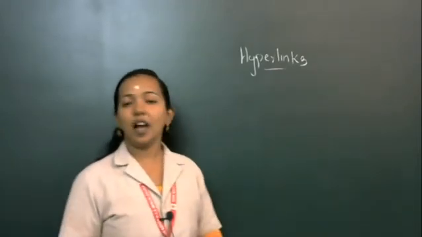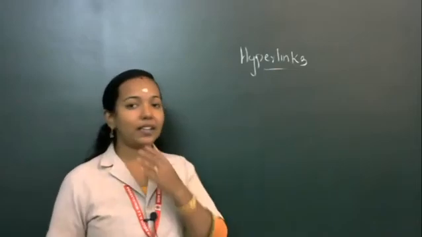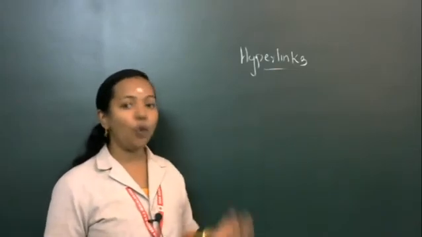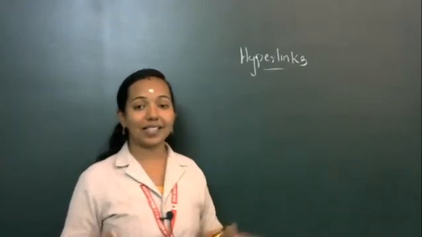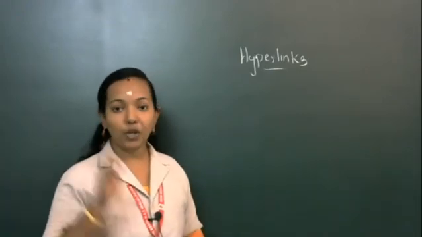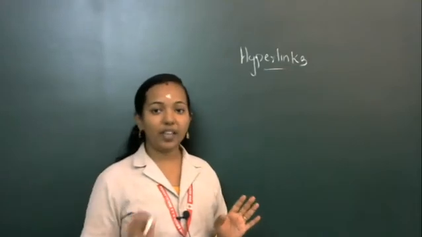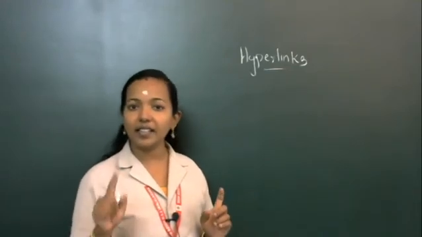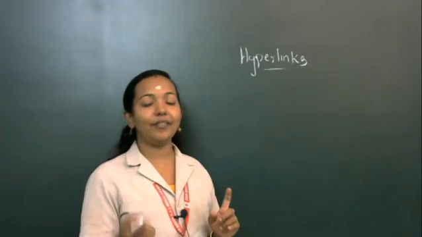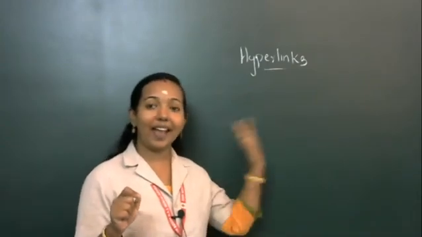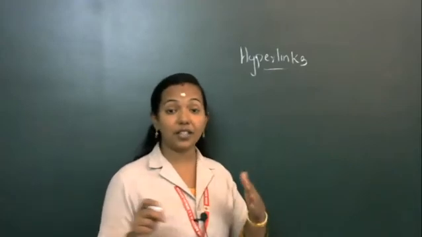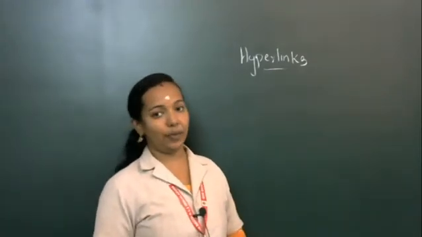Blue color with underline. In any text, when the underline comes and we click on it, that means it is relating to another document, or it is navigating, or it is pointing to another web page.